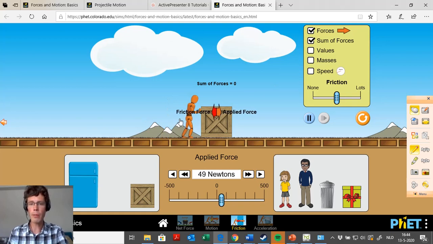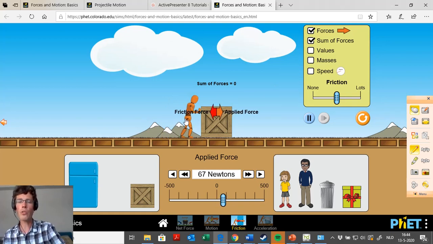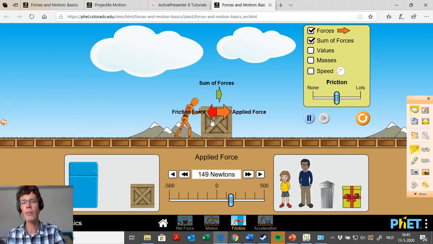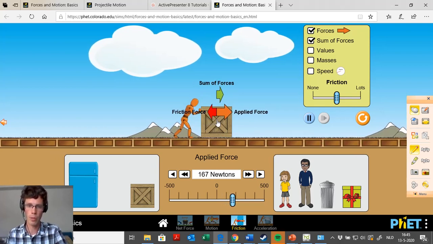When he's pushing, you see the orange arrow as the force of the guy, and the red arrow is the force of friction, which is simply pushing back. Therefore, the box isn't moving. To make it move, I need to push harder than friction can push.